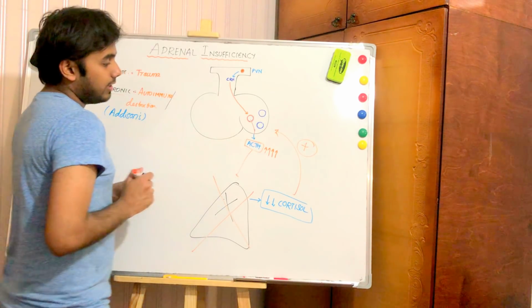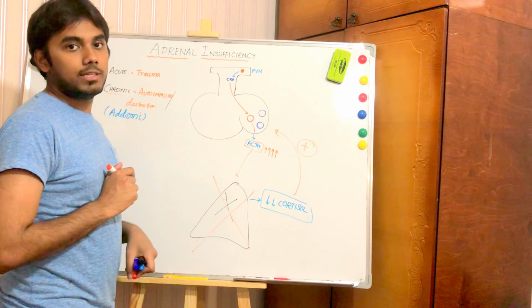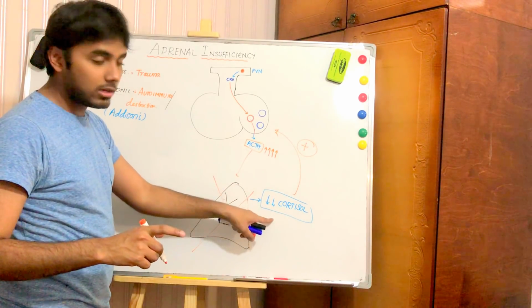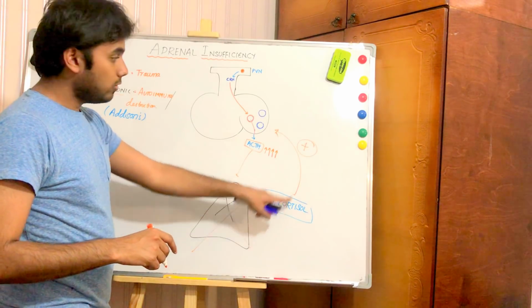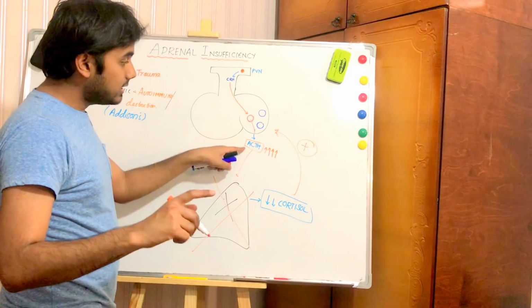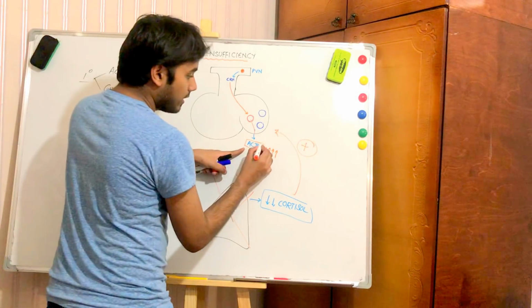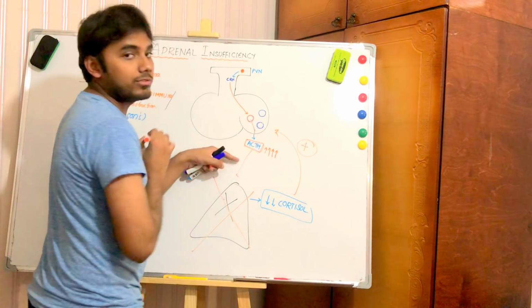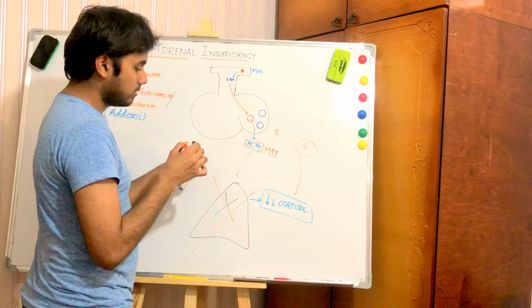Now in this condition, there is excessive release of ACTH. Why is there excessive release of ACTH? Because cortisol levels have dropped. So there is a feedback mechanism and increased level of ACTH. This increased ACTH activates another type of cells called melanotropes.